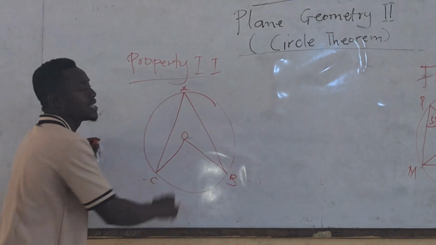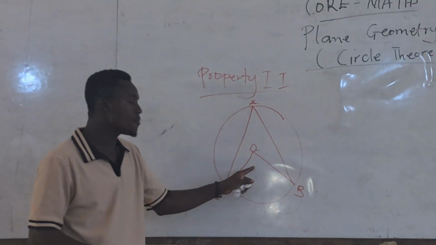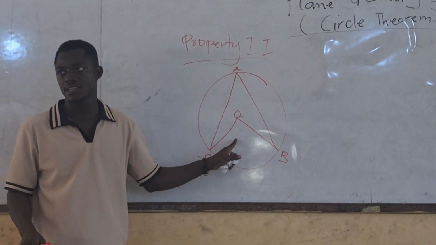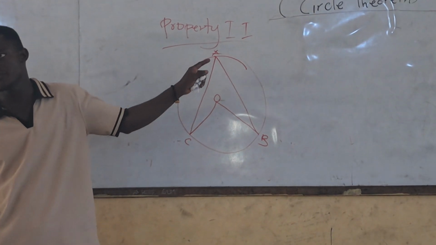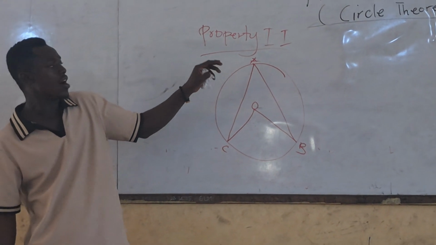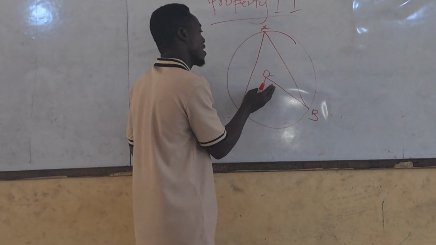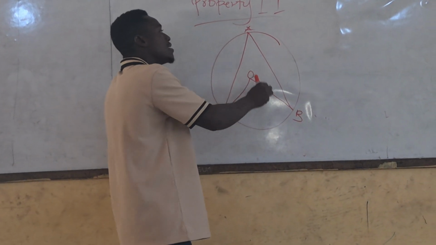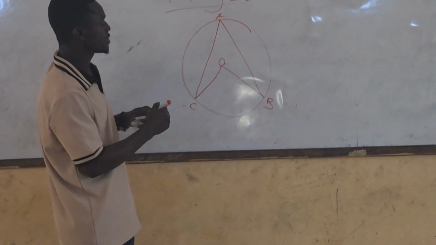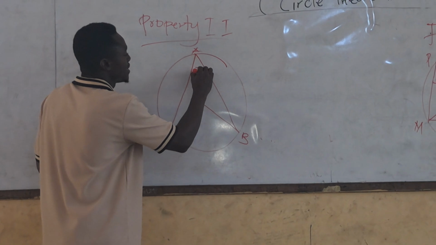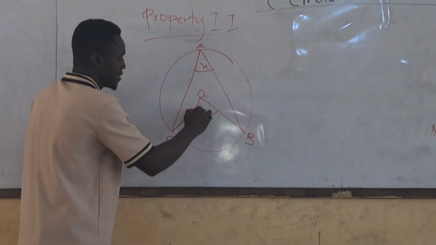property 2 is saying that the angle formed at the center of the circle is twice the angle formed at the circumference. So for instance, when you have x here, it is going to be twice x.